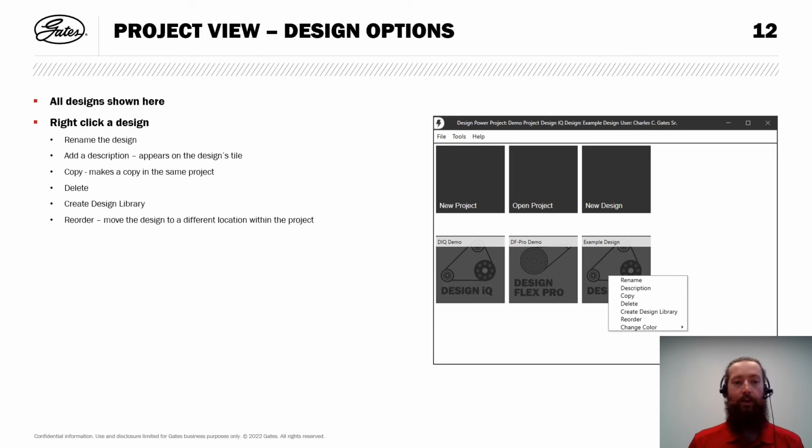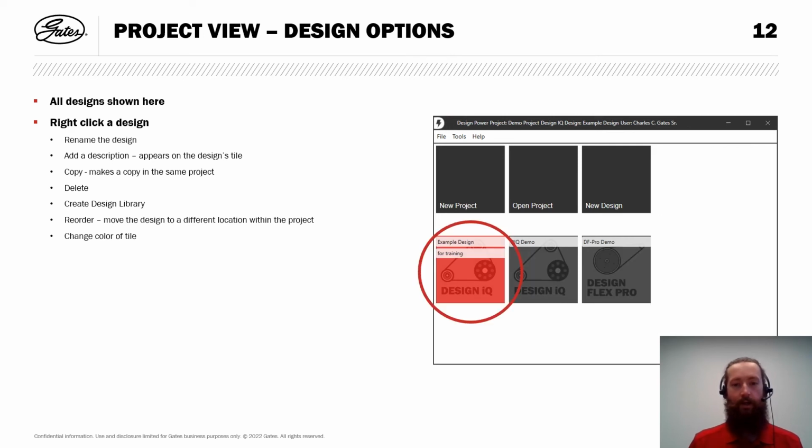I can reorder my designs, and I can change the colors. So I'm going to do a couple of those right now, change the color of example design, add a note that it's for training purposes, and move it to the front of the list.